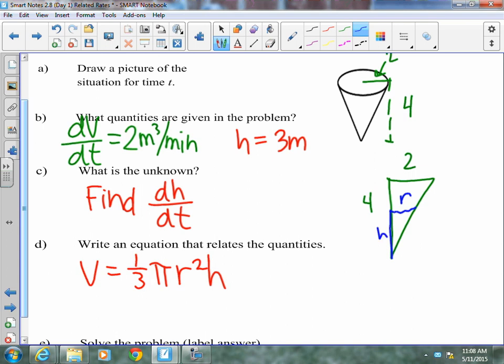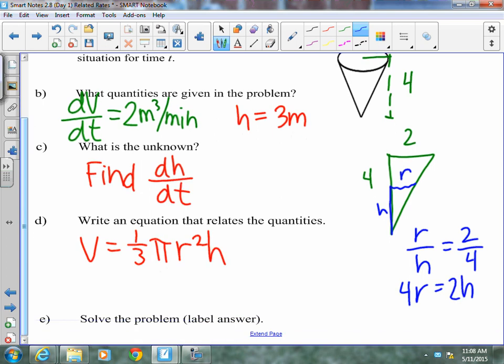Now, we can use this proportion because those triangles are proportional to come up with a formula for r. So, r over h equals 2 over 4, meaning 4r equals 2h, and r is equal to h over 2.